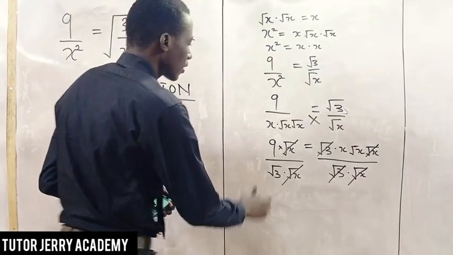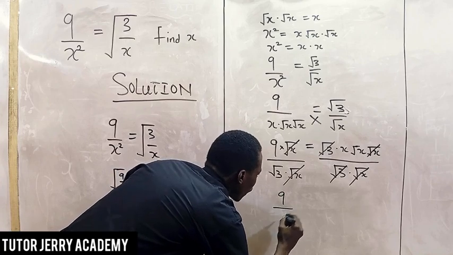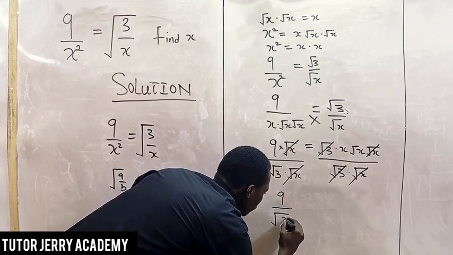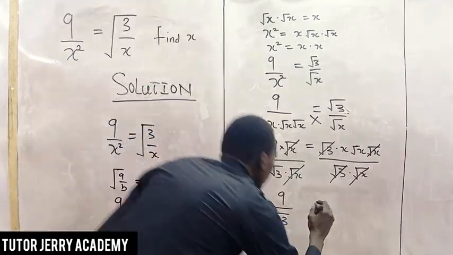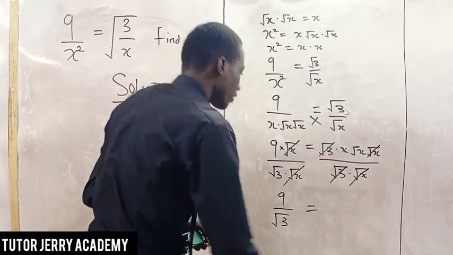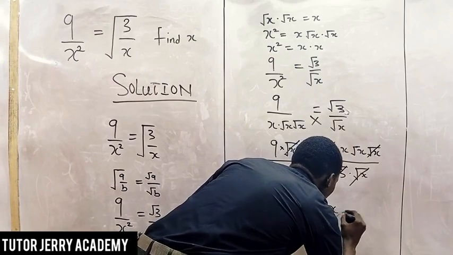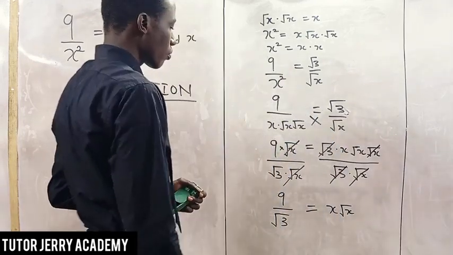It implies that we will have 9 all over the square root of 3 equal to x, the square root of x. So this is what we have.